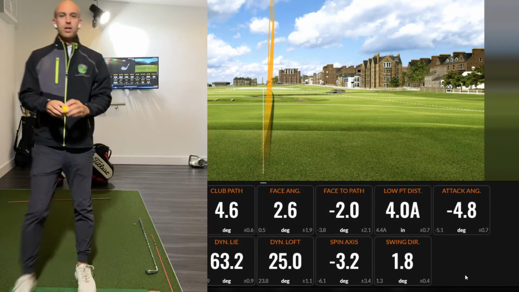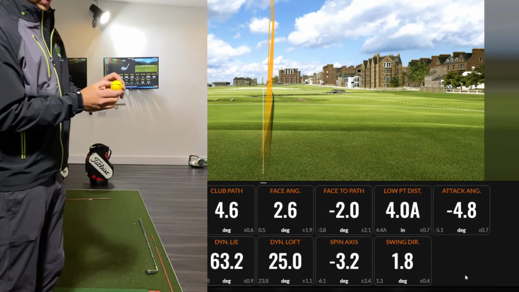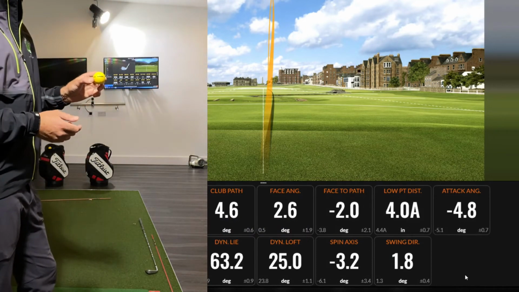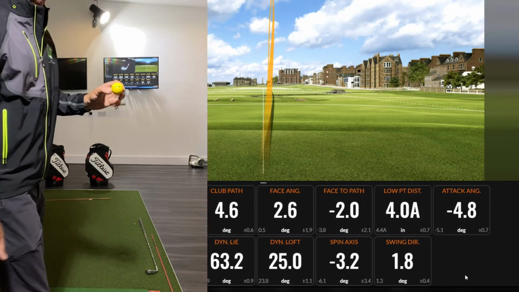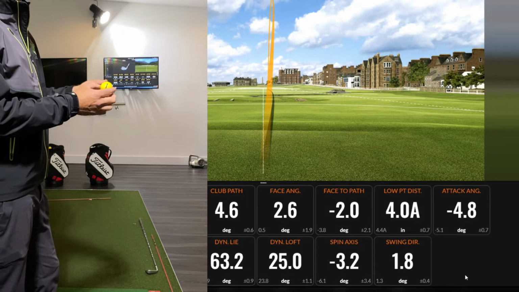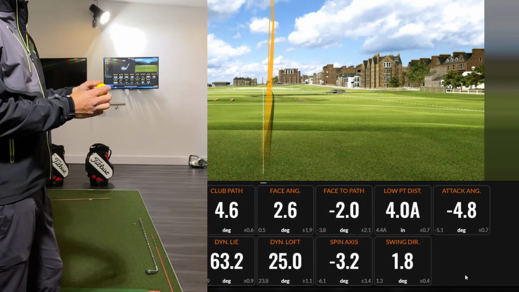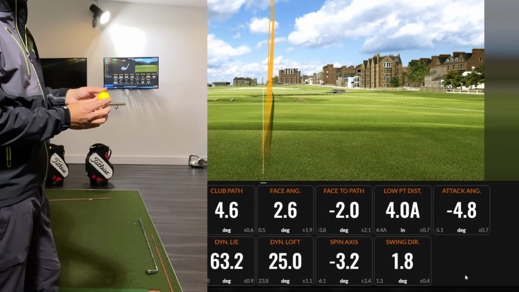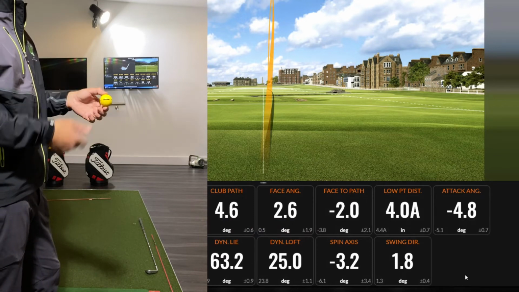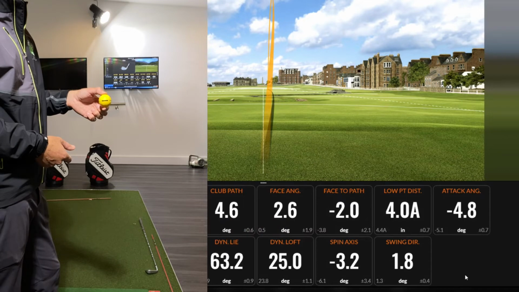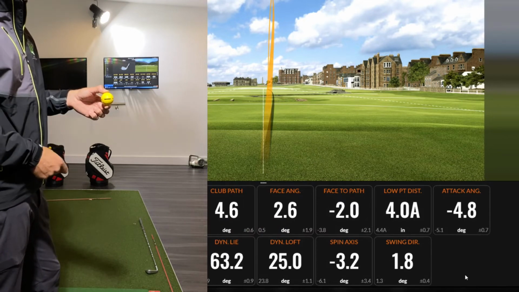it will tilt. So if I come to the camera here, and let's say the spin axis is for a draw, it's a minus. So it's tilted to the left. Now, when you hit a golf shot, the ball does not spin to the side like that. It is always spinning backwards. But to curve the golf ball, when you have a difference between the face and the path, it tilts the ball. So if you imagine this line here like planes on a wing.